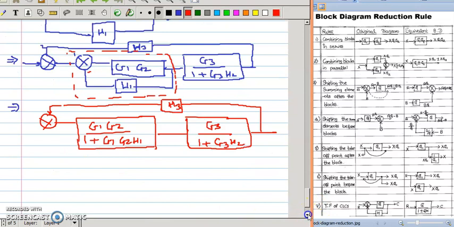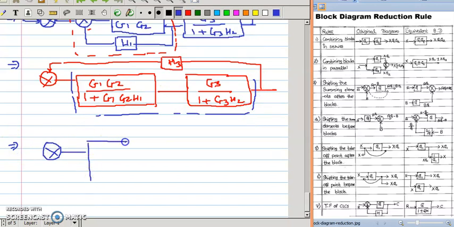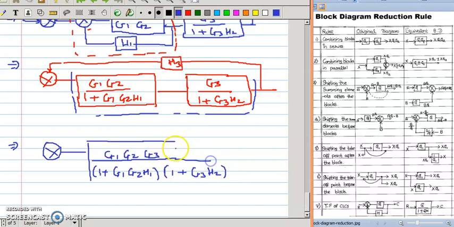Now what to do next? Again these two blocks are in series, so we use the series method. The mixer is as it is. When both blocks are in series, it becomes multiplication: G1 G2 G3, numerator multiplied with numerator, and denominator multiplied with denominator. The feedback element is as it is.